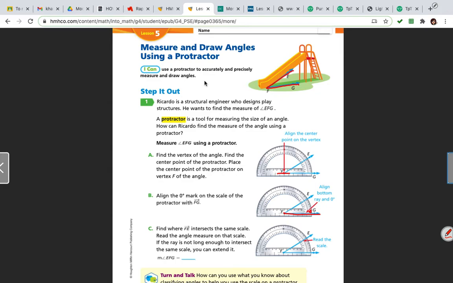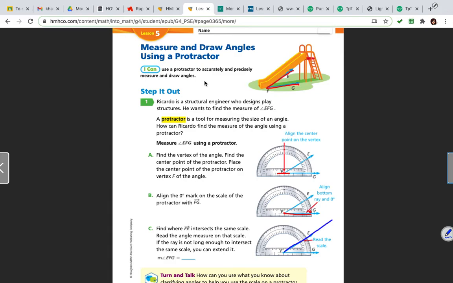C, find where ray EF intersects the same scale, and read the angle measure on that scale. If the ray is not long enough to intersect the scale, you can extend it. If we have a very big protractor, we would want to draw that line out longer, and a lot of times we do have to do that.